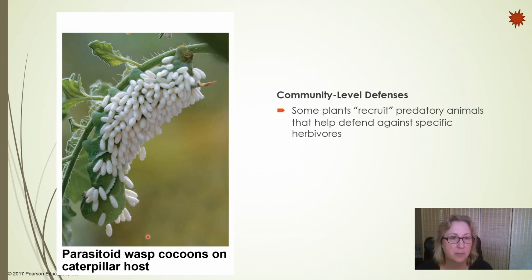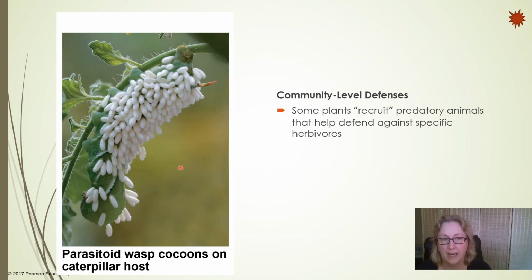And this is an example of that. This is a tomato hornworm caterpillar here. The kind of moth it grows into is a type of hawk moth. You can see it's called a hornworm because it has this little spine on the end. And it's absolutely covered with wasp cocoons.